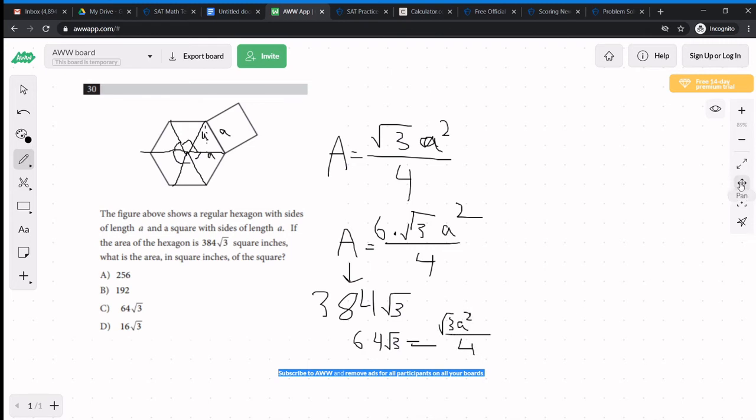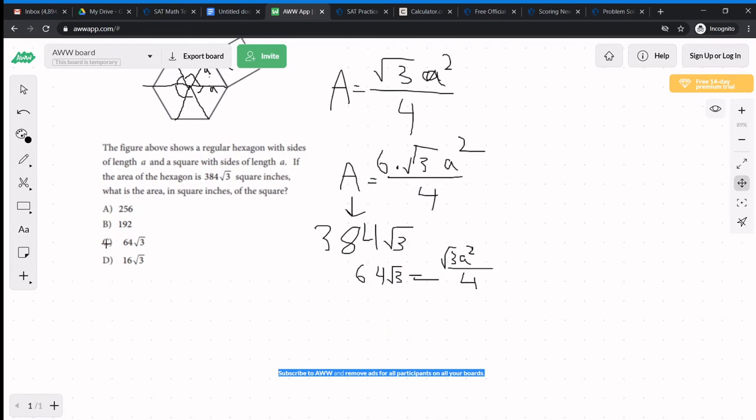Now we multiply by 4 on both sides, we get 256 square root of 3 equals square root of 3 a squared. Divide by the square root of 3. 256 equals a squared. So we get a equals 16 as our side length.